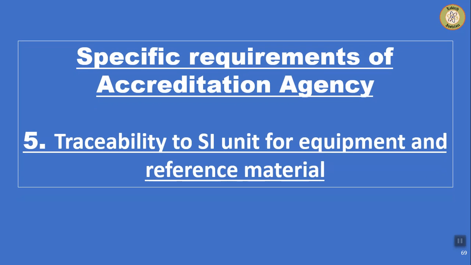And then traceability to SI units for equipment. How you have to maintain the traceability for your equipment and reference material, there also the accreditation agency stipulates certain requirements. Those are very important for maintaining the traceability of your results. This comes under clause 6.5.